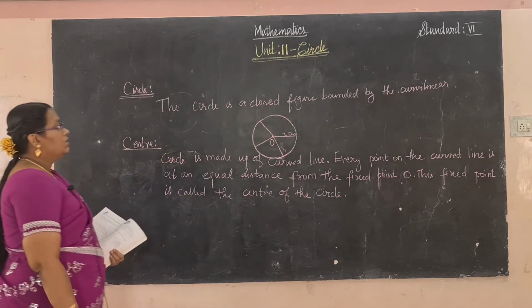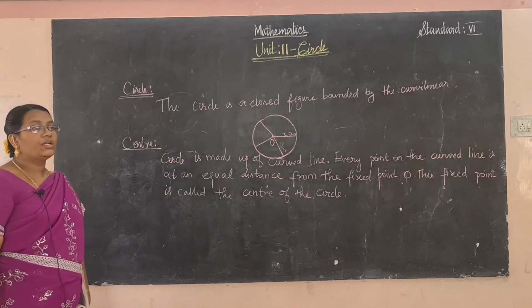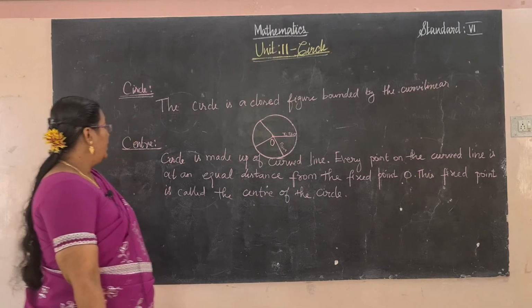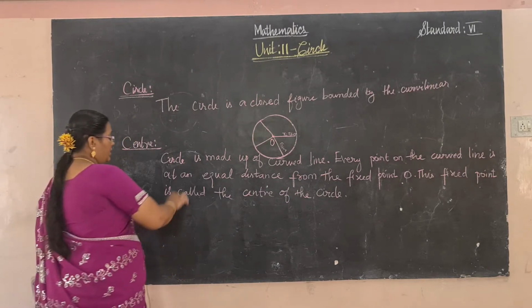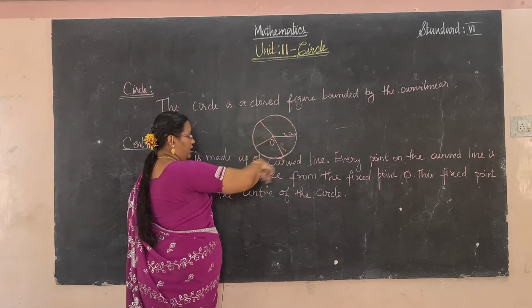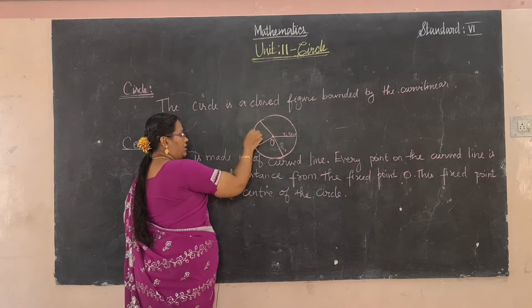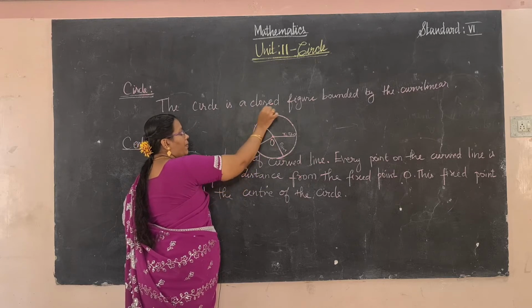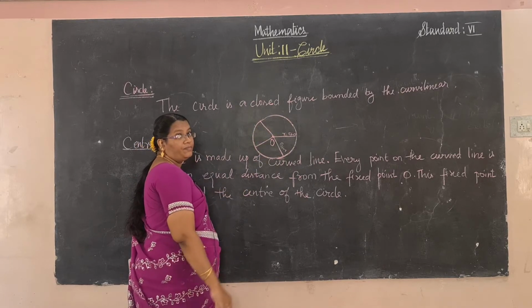A circle is a closed figure bounded by a curved line. Infinite number of points in a plane make the circle.